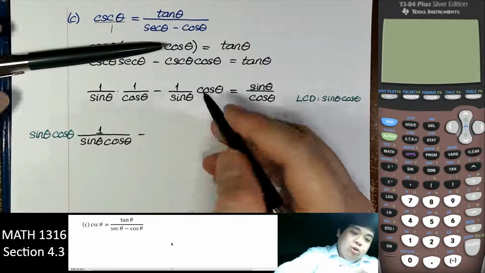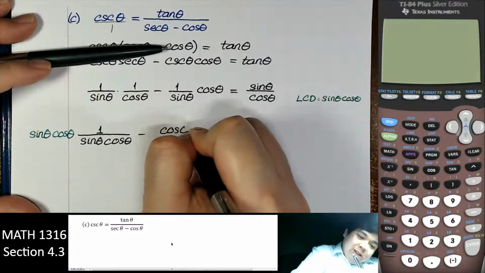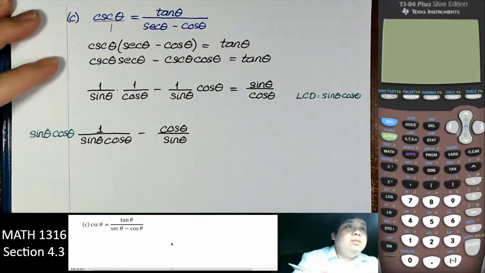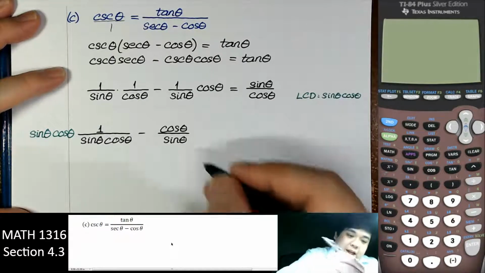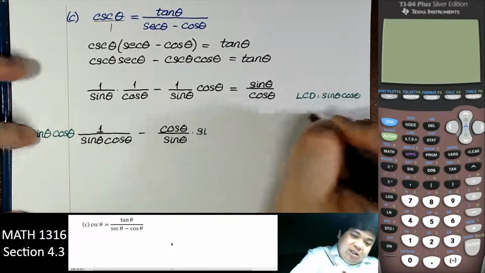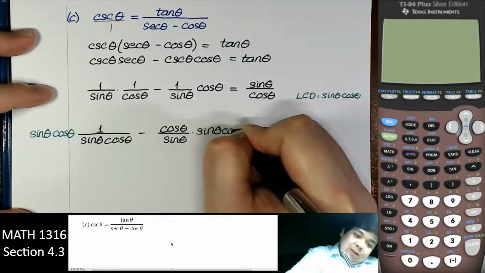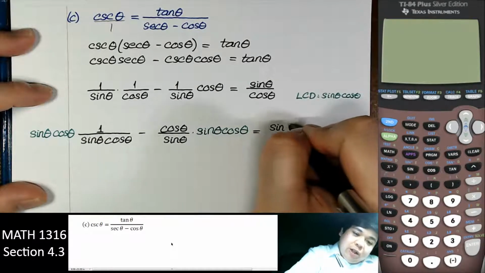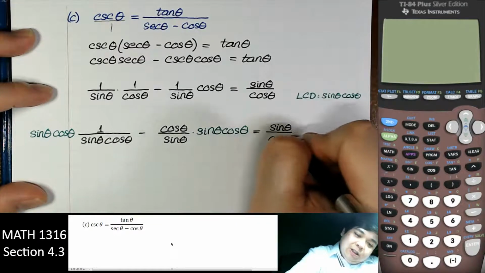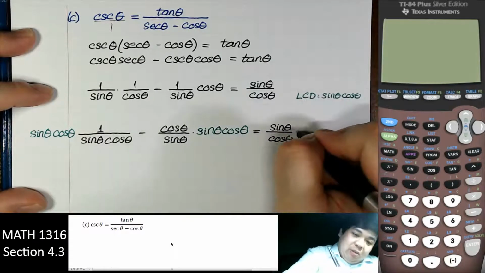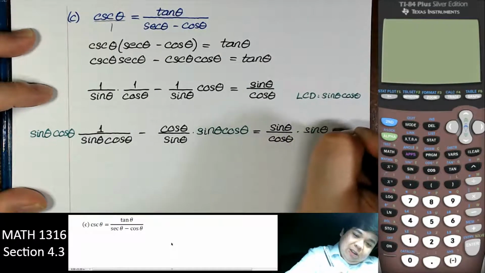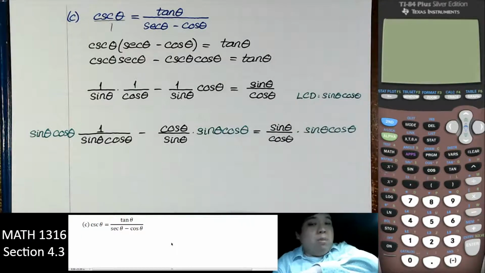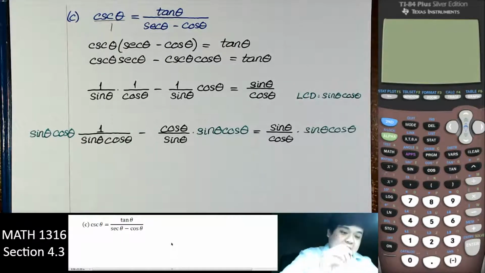Cosine and sine, I can put cosine on the top. And then multiply by the common denominator. And then the sine over cosine. Multiply by the common denominator. Right, multiply the least common denominator to everything, every term.